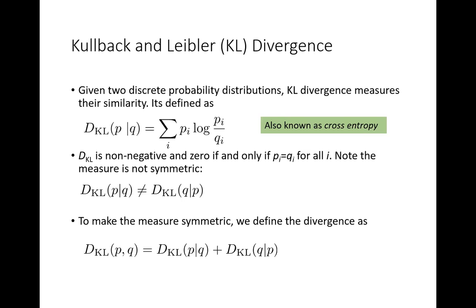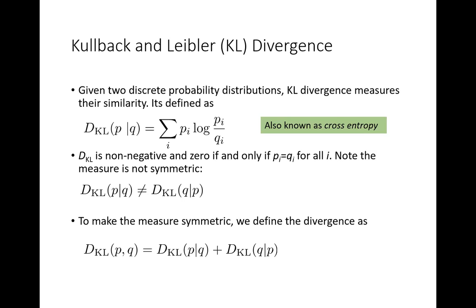Event number one has certain possibilities, and each possibility has a corresponding probability. Event number two has certain possibilities and corresponding probabilities. All right. And let's say both events have 5 possible outcomes, but the corresponding probabilities are different. Then one might say, well, how similar are these two events? Okay. That is what basically we are trying to measure here in terms of two discrete probability distributions. All right. So KL divergence measures that.